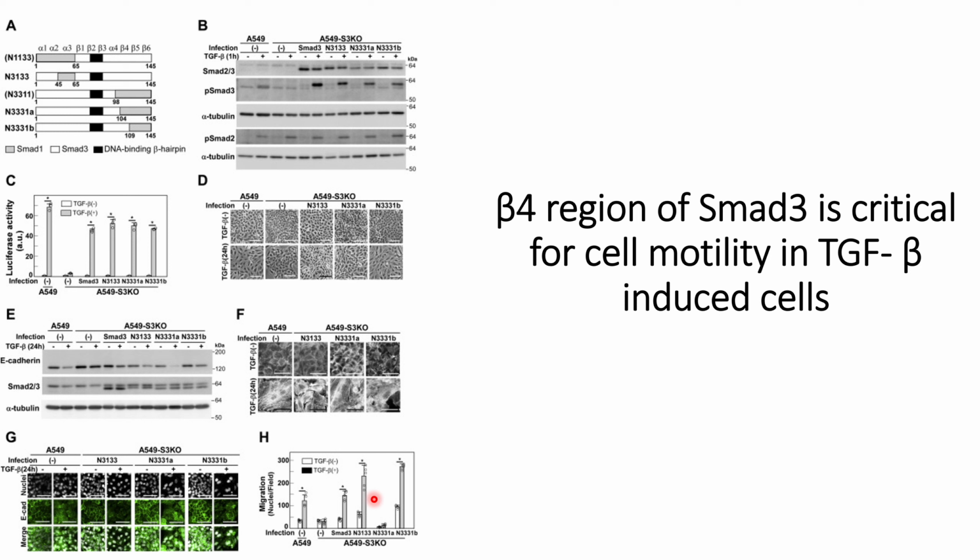But when N3331A is infected into the Smad3 knockout cell lines, they do not see an increase in migration. So this indicates that it's the beta 4 region, as this N3331A mutation occurs in the beta 4 region. So it's the beta 4 region that plays a role towards this cell migration.